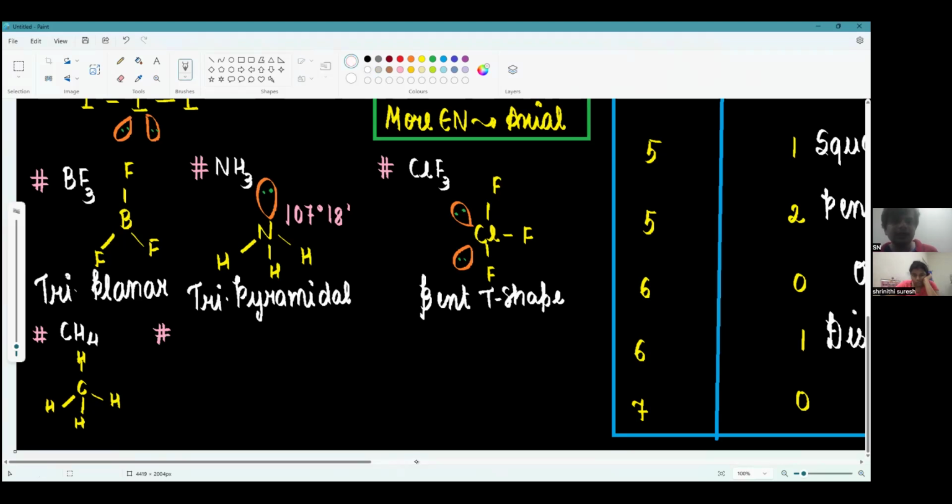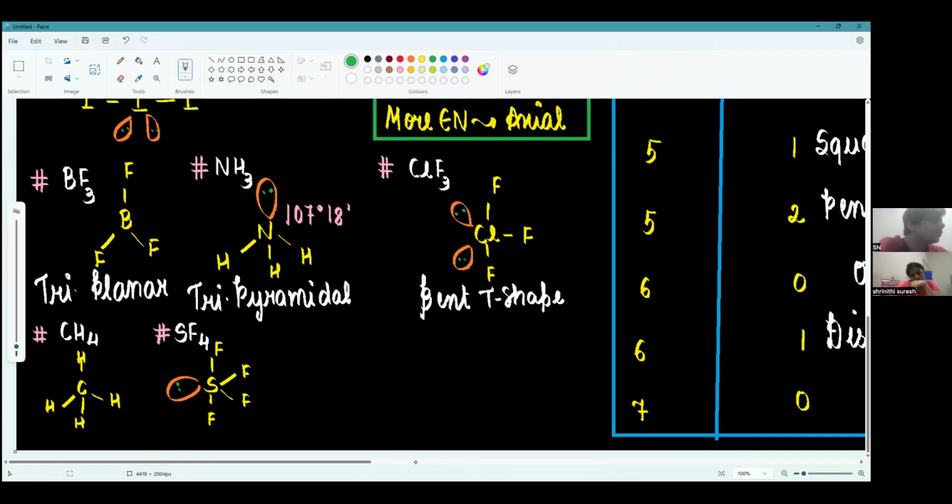Then 4-1 वाला एग्जाम्पल करना है. SF4. तो SF4 में ऐसा रहेगा. There will be one lone pair, like this. And 4 bond pair. Again here there will be Bent's rule. So the lone pair will be on equatorial position.